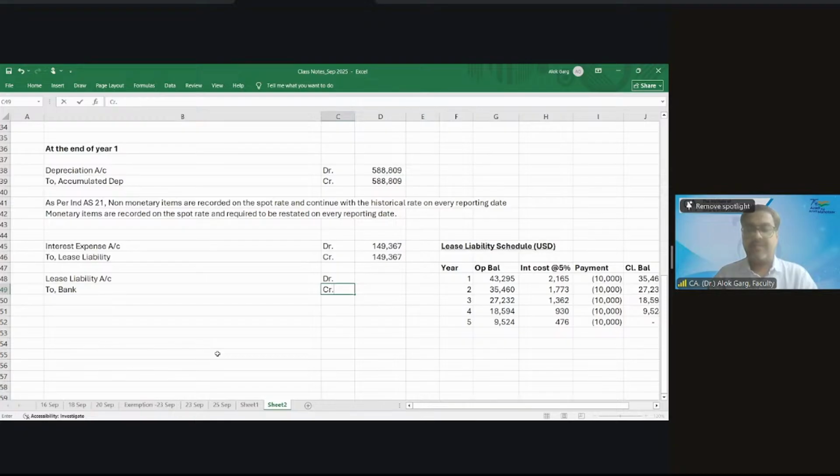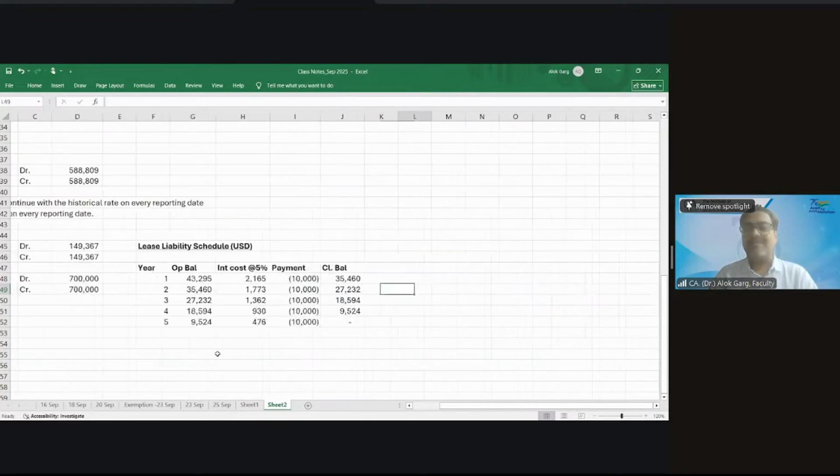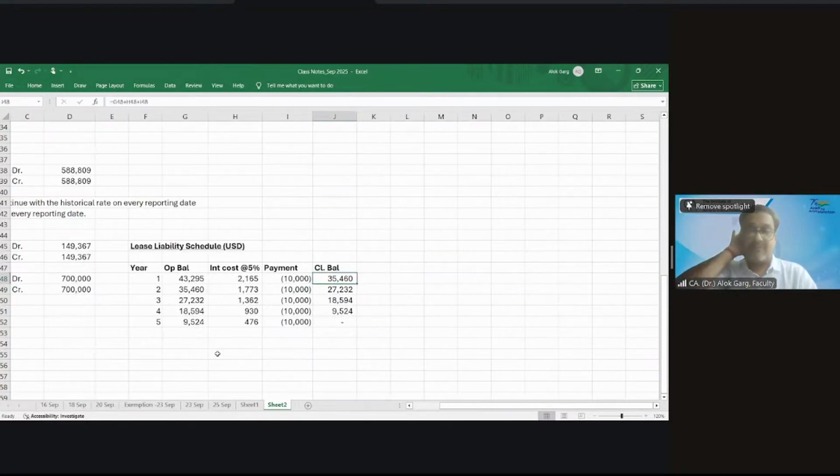And what amount? 10,000 USD, multiplied by the closing rate, 70 rupees. This is the entry you are going to make. Is that clear? Yes, sir. Now you have a closing liability sitting at 35,460 US dollars.